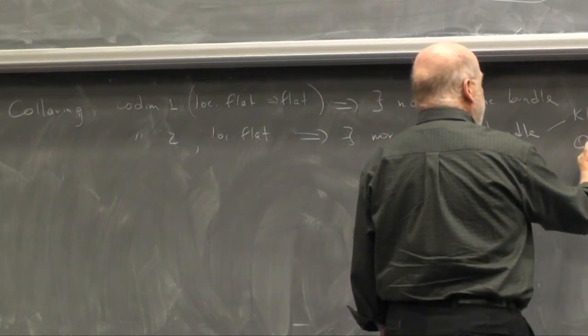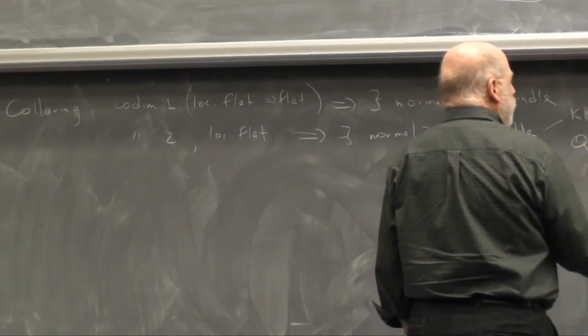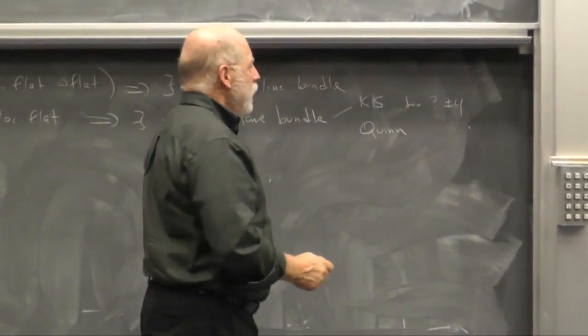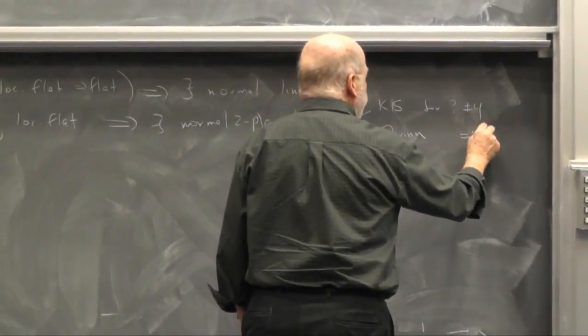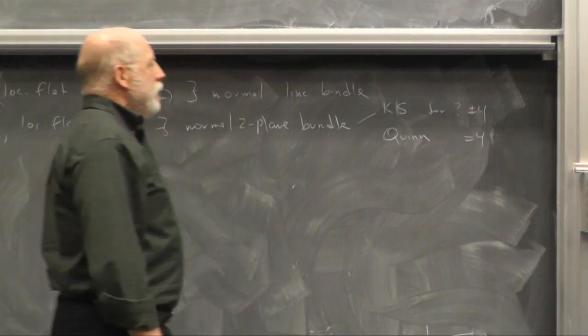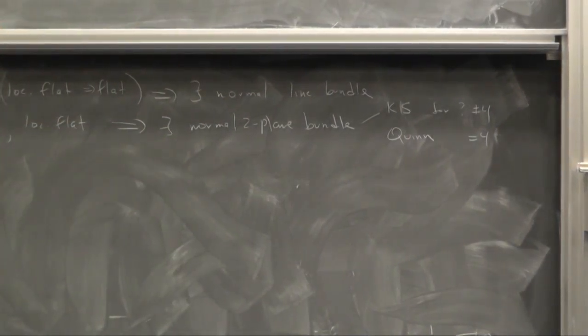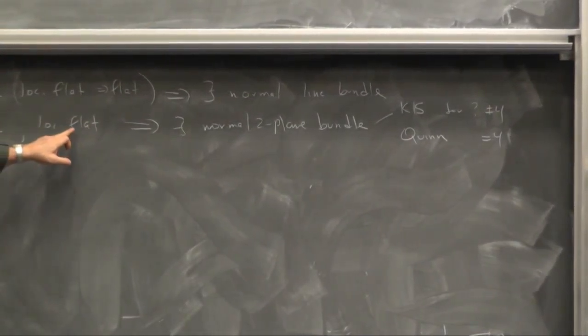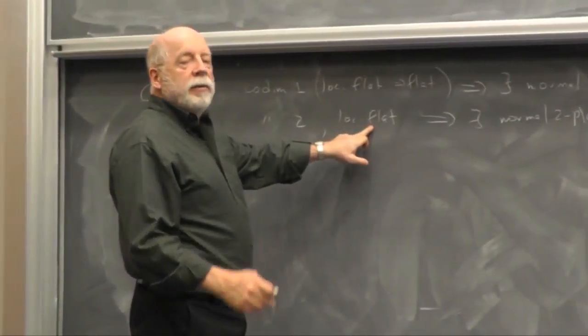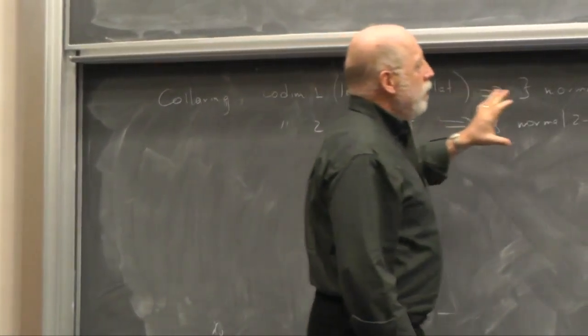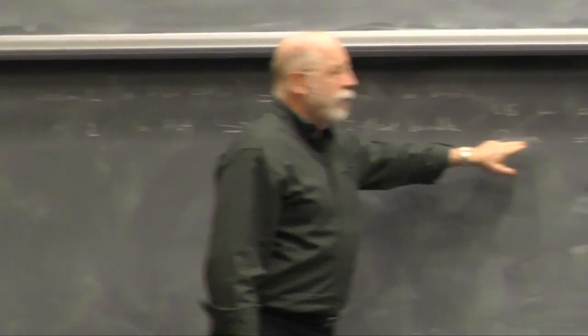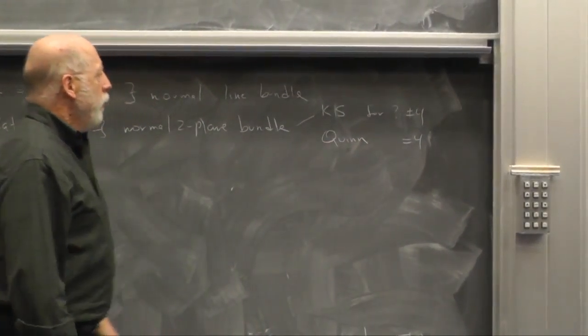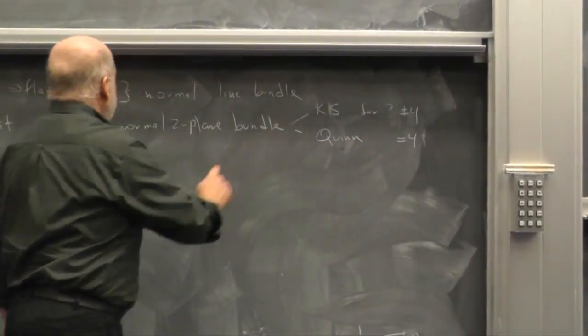And then Quinn, in his work after Freedman's work, proved it for the rest of the cases. So when the manifold is of dimension 4 and is embedded in some 6-dimensional manifold, Larry and I didn't know what to do, but Quinn fixed it up. So that's the codimension 2 case.